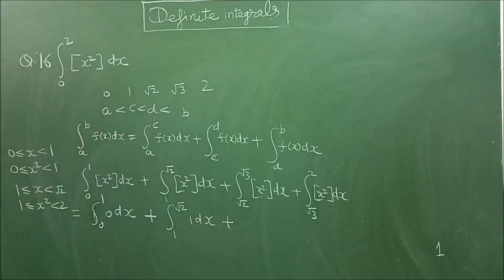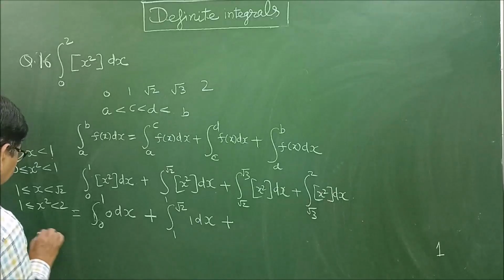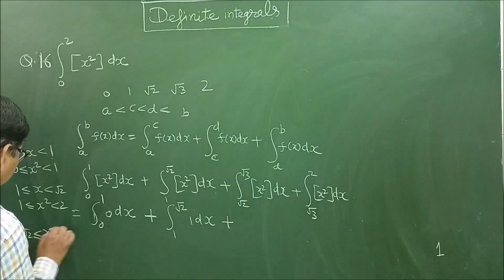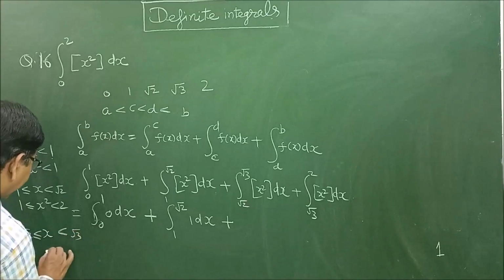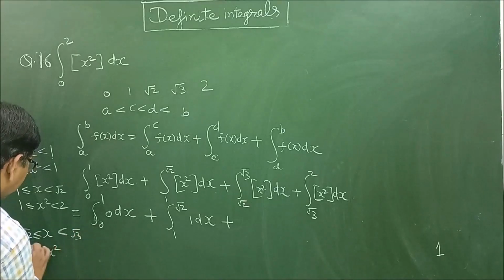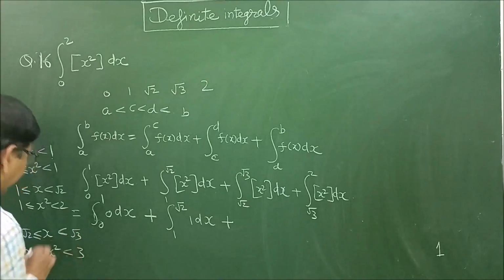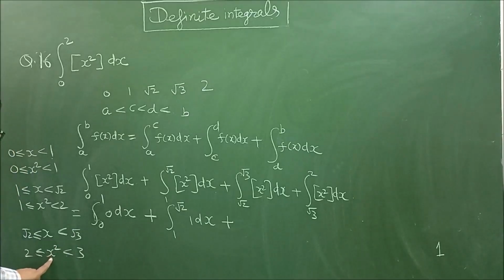when the value of x varies from root 2 to root 3, x square will vary from 2 to 3, and in that case the greatest integer x square will be equal to 2.